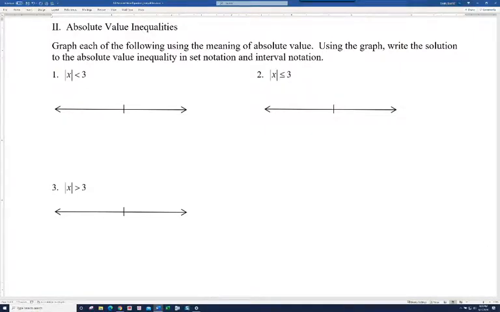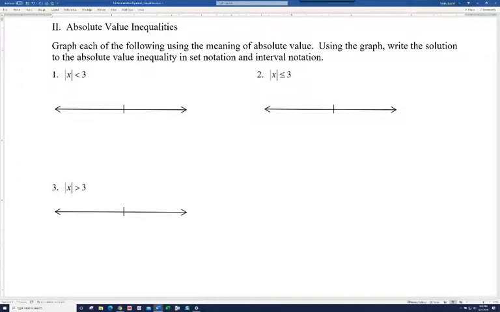Excuse me. So let's talk now about absolute value inequalities. It says graph each of the following using the meaning of absolute value. Using the graph, write the solution to the absolute value inequality in set notation and interval notation. All right, so first of all, we have the absolute value of x is less than 3.